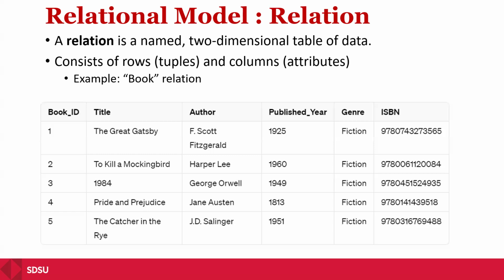So we have an example here of a book relation. This book relation currently has 6 attributes: book ID, title, author, published date, genre, and ISBN. What is the primary key of this table? It's book ID, right? Book ID is unique, and book ID represents the primary key.